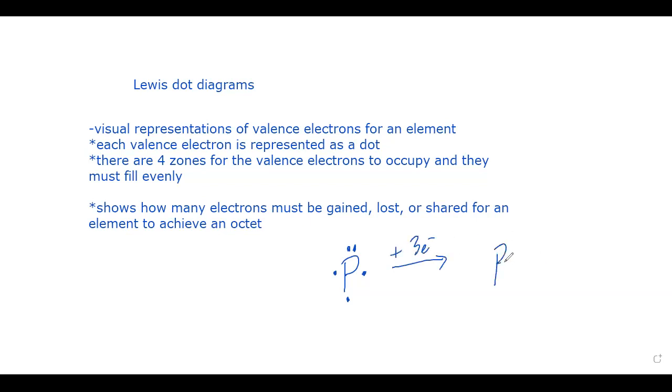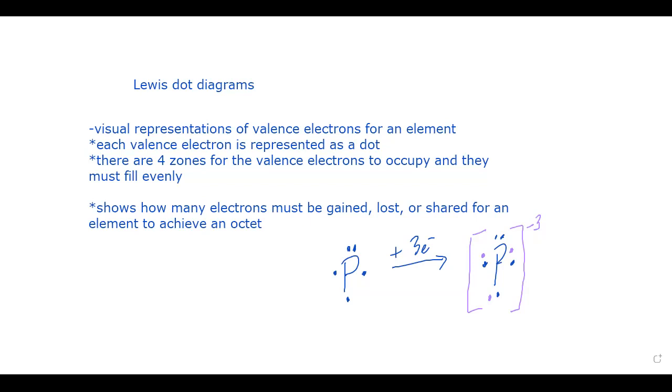And if we gain 3 electrons, here are the 5 that we started with. 3 more, 1, 2, 3, would now give us 8 electrons around that phosphorus. It would also give us a -3 charge because we had to add those extra electrons to it. So that's how we get the phosphide ion.